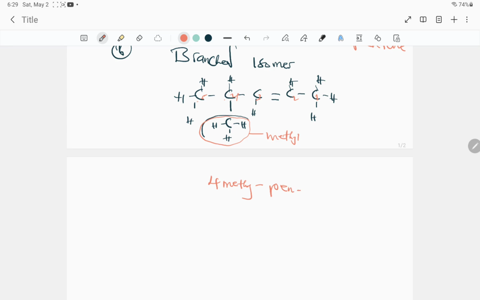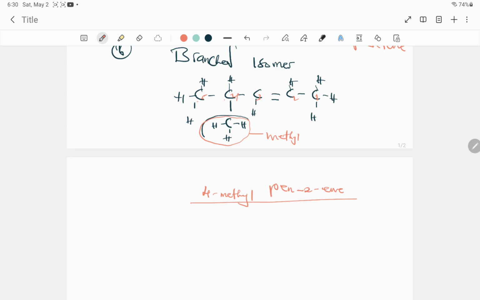Then pent, hyphen, the double bond is on carbon number 2, hyphen, then you put ene. So that is the full name. So this 4, let me write it properly here. It's supposed to be 4-methylpent-2-ene.